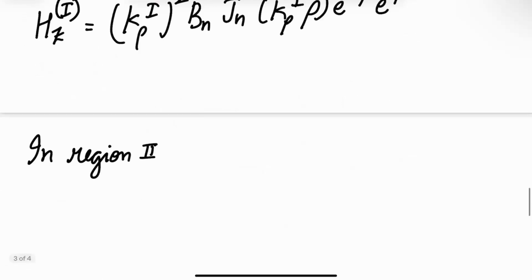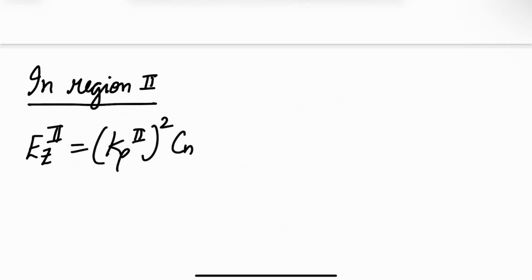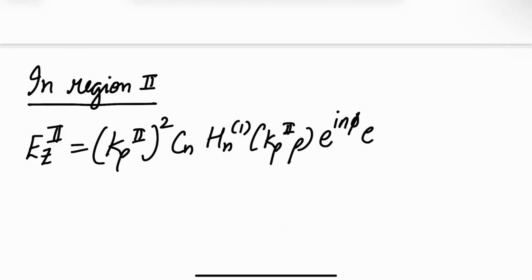That's in region 1. Then in region 2, what do we have? In region 2, we have Ez. Again, I'm just writing the z component. Region 2 is k_rho2 squared, C_n, H_n^(1)(k_rho2 rho), e^(i n phi), e^(i beta z).